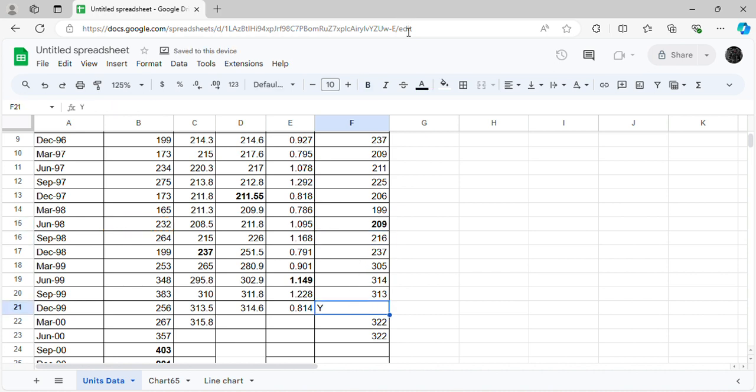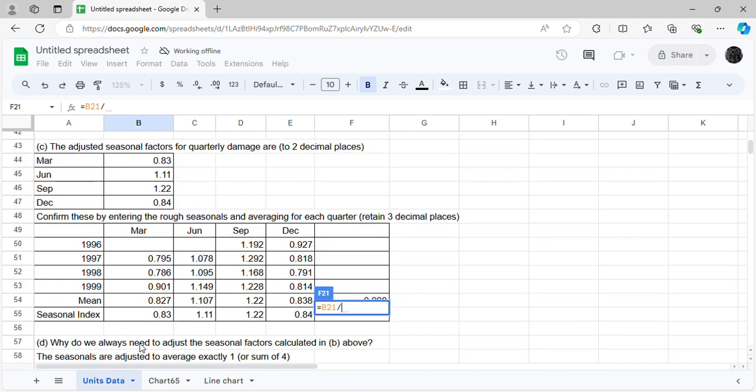And for Y, make it bold, equal the units damaged value, and that is for December 1999, divided by the seasonal index for December.